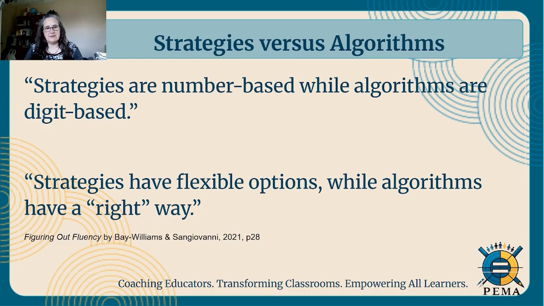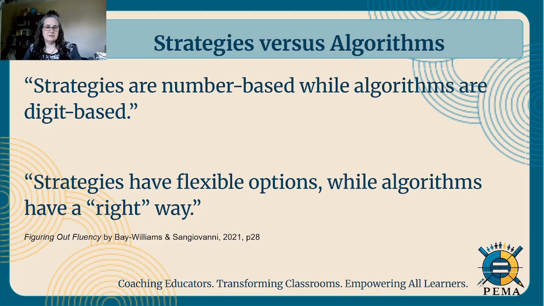Similarly, strategies have flexible options. So I might have 5 or 6 different strategies to choose from when I'm adding a number. Once I look at those numbers and decide which strategy the numbers are the best fit for, then I can think about how I want to apply that strategy.